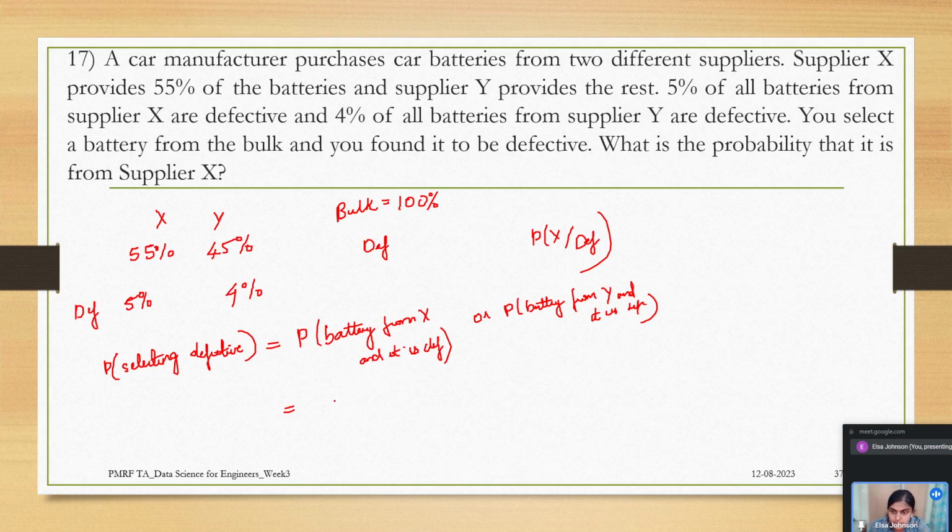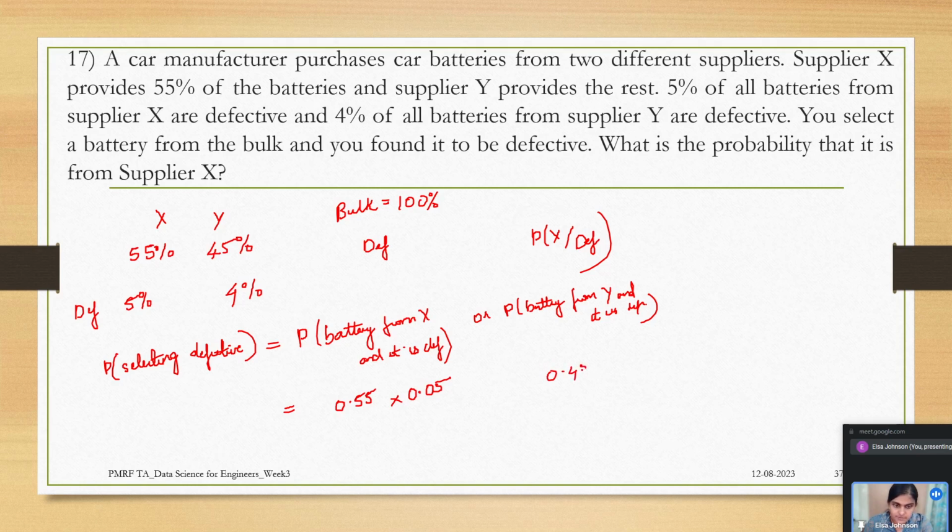A battery from X is 0.55, and the probability that it is defective is 0.05, so 0.05 times 0.55.